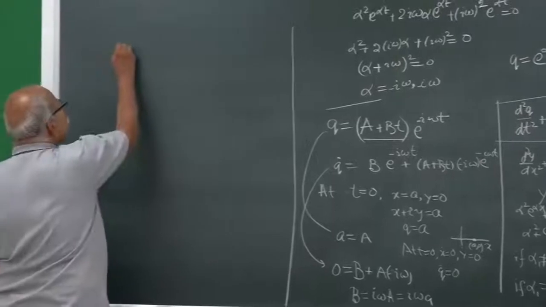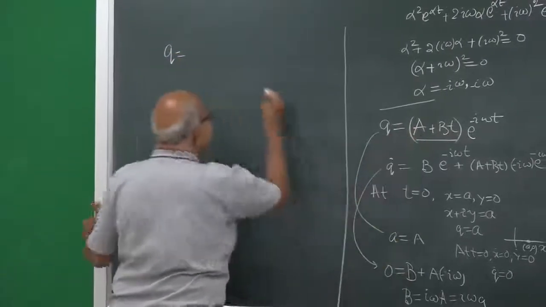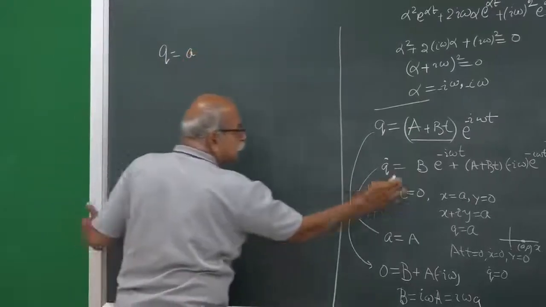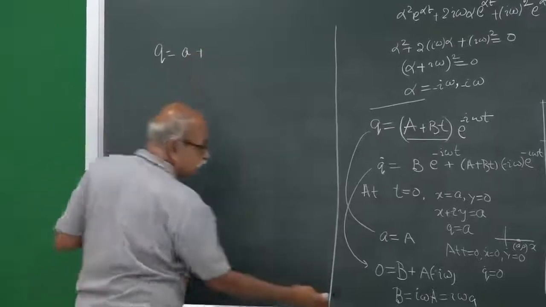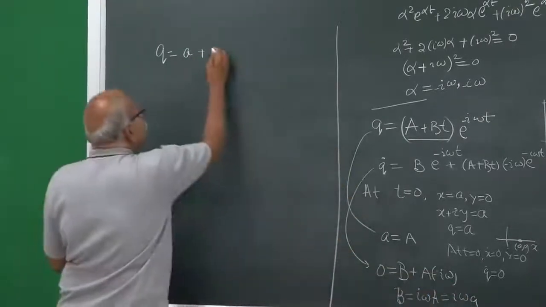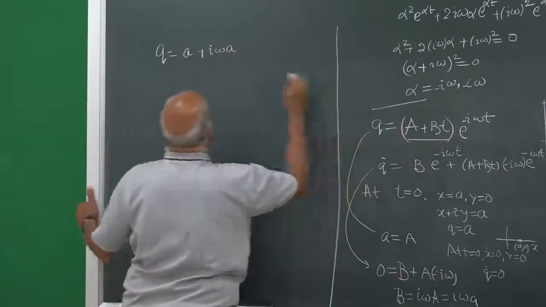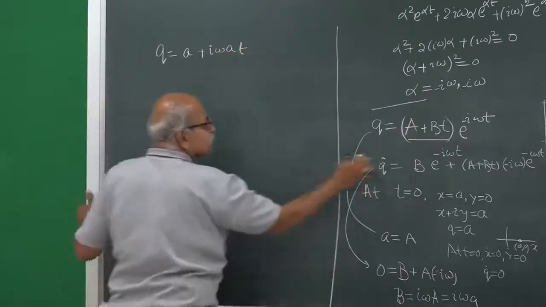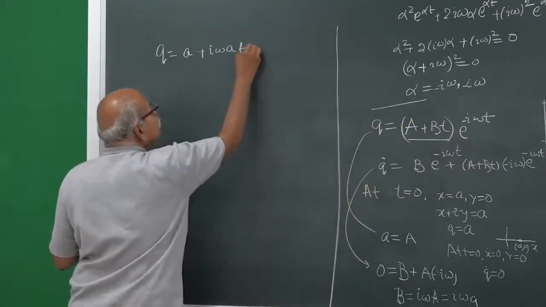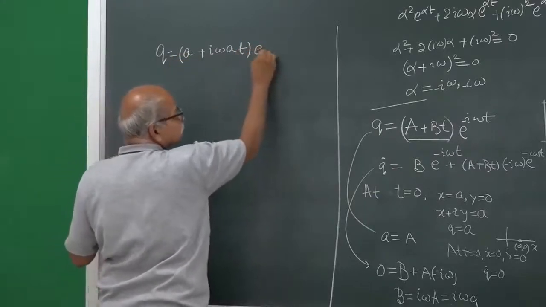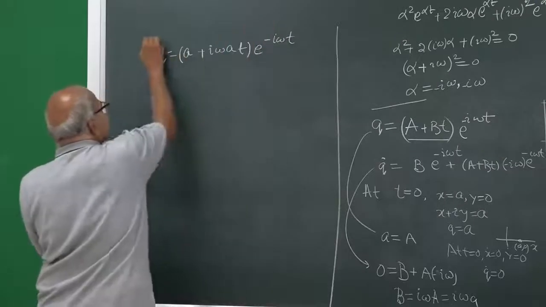Finally, q is equal to A, which is small a, plus B. B is I omega A. So, I omega a and into t. So, this is t here, and then e to the power, this whole thing, e to the power minus I omega t. So, this is q.